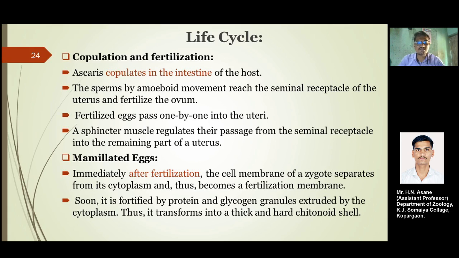So thus it transforms into a thick and hard chitin shell. Okay, chitin means it is a calcareous shell, a substance something like calcium. So this chitin shell is thickened around, and that protein is covered on this particular fertilized egg.